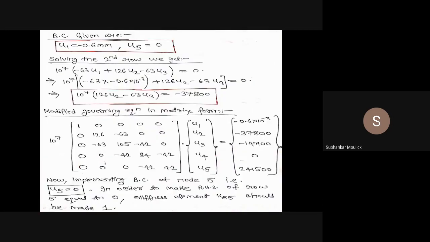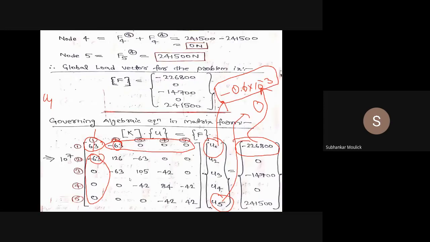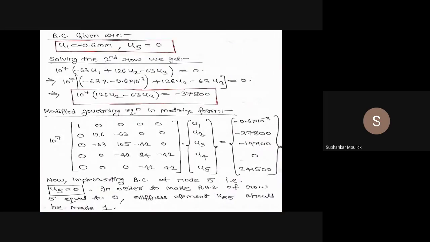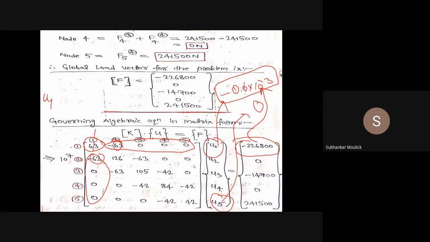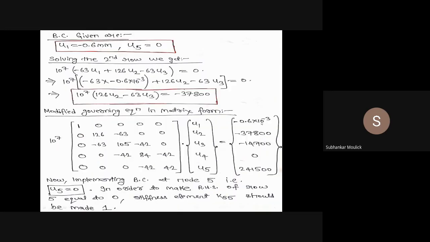Then the remaining matrix is the same, from this 126 to this 42, into u1, u2, u3, u4, u5 equal to, then this value, this minus 0.226800, becomes minus 0.6 into 10 to the power minus 3 mm. Is it correct?